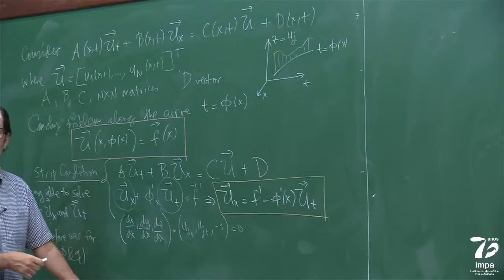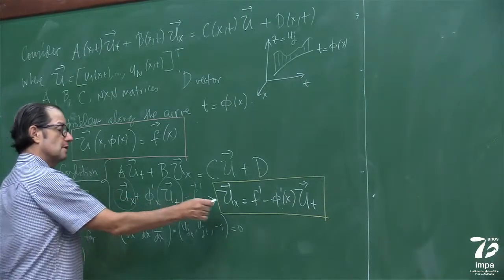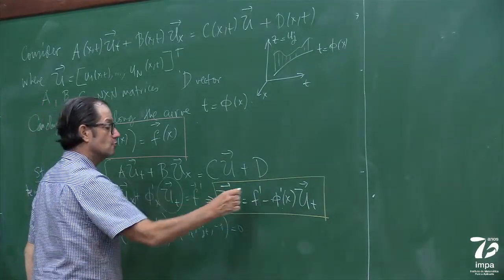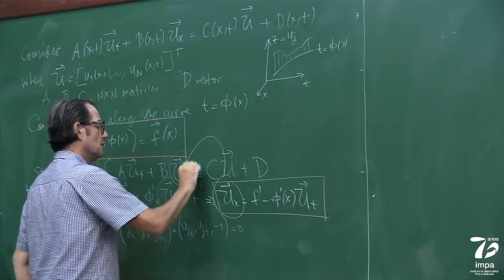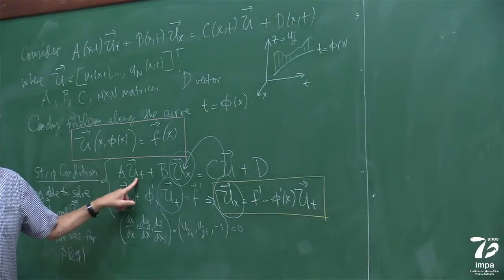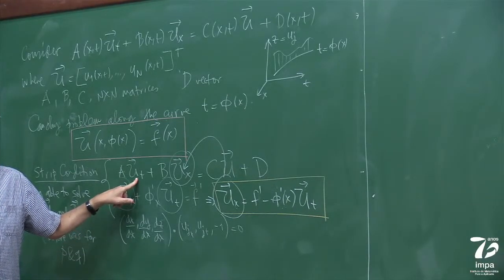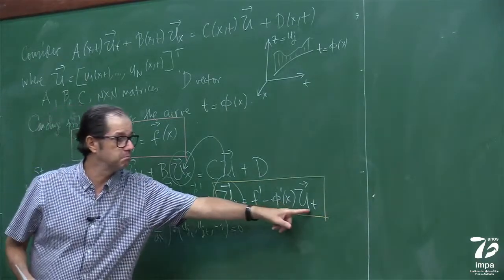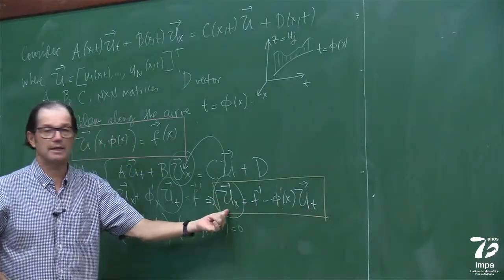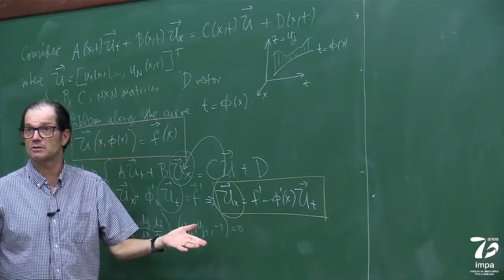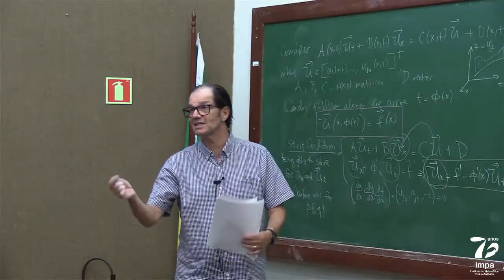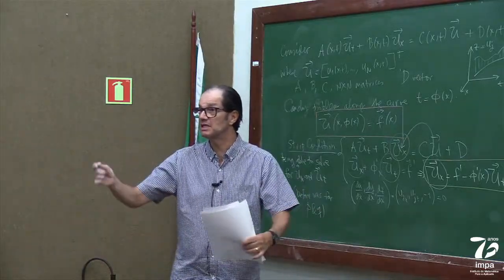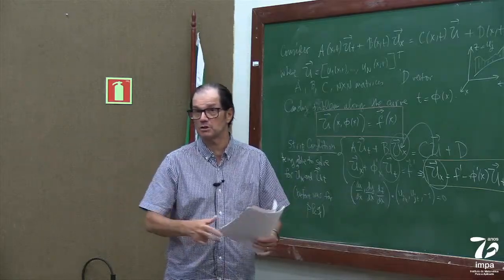So the strategy is, write, as I did here, u of x equal to that, substitute it in here, and try to solve for u of t. If I solve for u of t, boom, I plug it here, and I get the u of x. That's the strategy. Simple, because the problem is linear, right? In the nonlinear one, we had to get the q as a function of p. Sometimes we could, sometimes we couldn't.